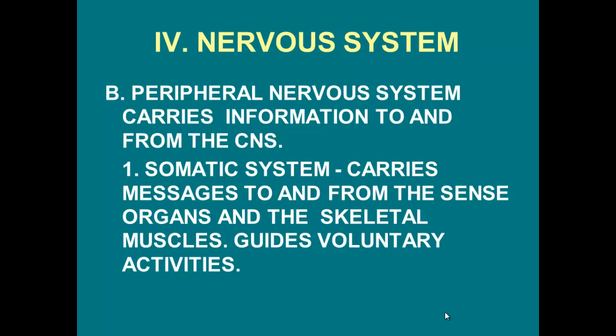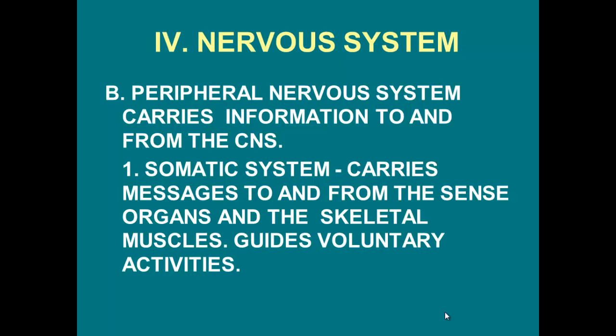There are 2 parts to the peripheral nervous system. One is called the somatic system, and it carries messages to and from the sense organs and the skeletal muscles. And here's the key word, it guides voluntary activities.